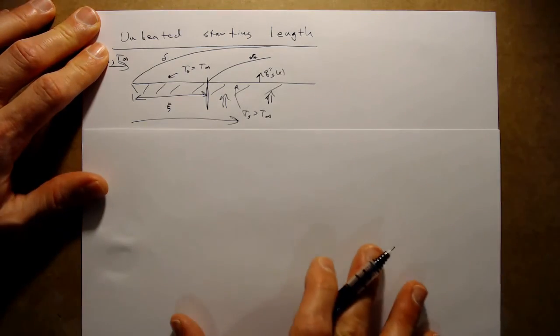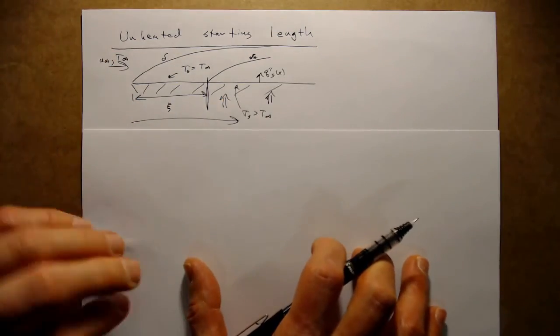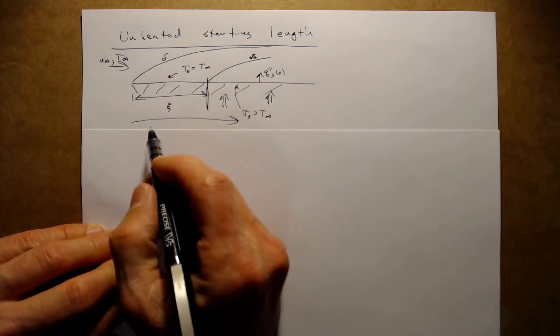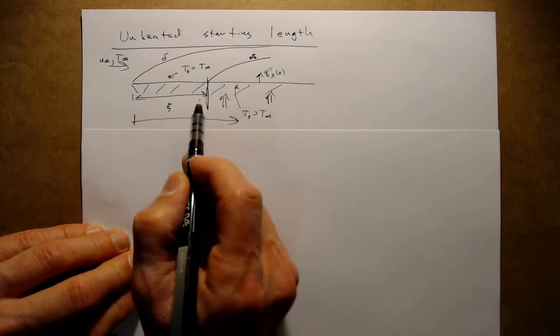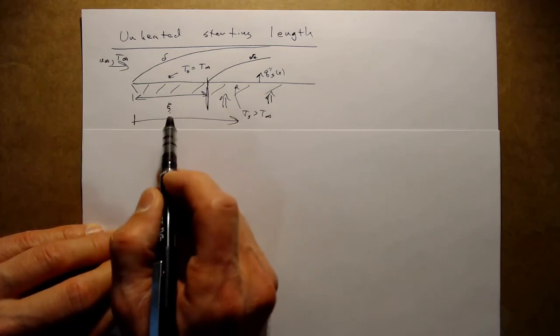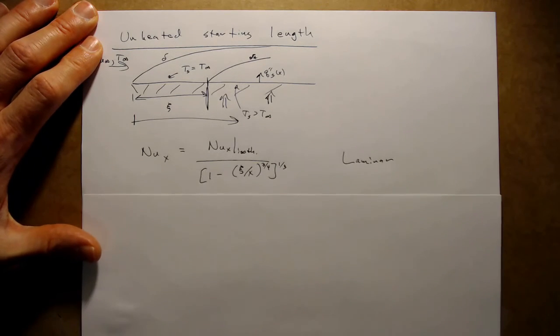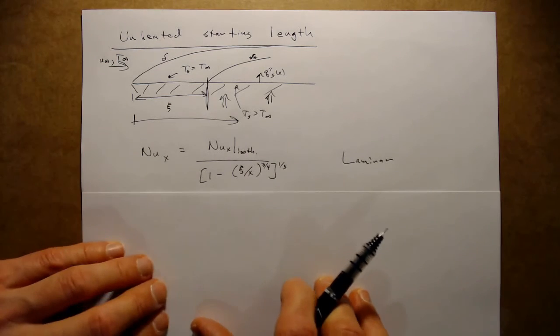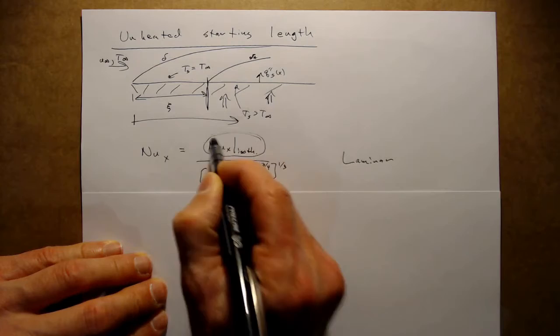So in order to consider this case, which is a case that we might commonly run into, we need to define where that heated region begins, and your book defines that unheated length by the Greek letter xi, and they give you two correlations that you can use, and they're modifications to the isothermal relationship.